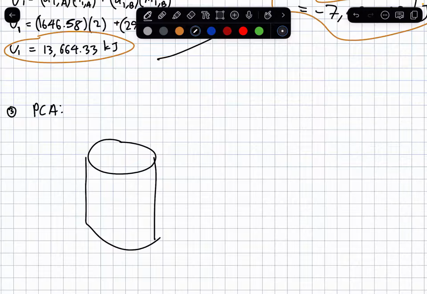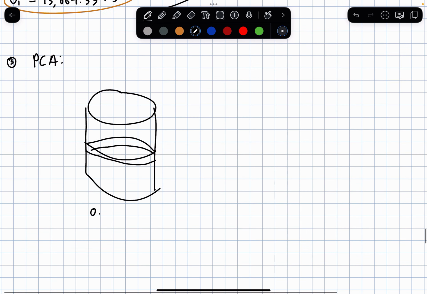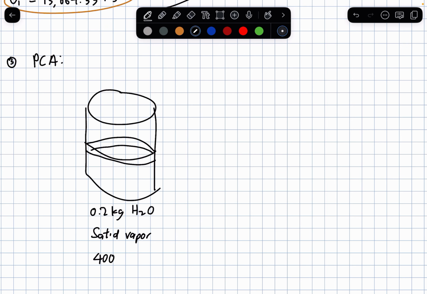I don't know. The figure looks very complicated. I'm not sure if this figure will be enough, but this is it. Piston cylinder assembly contains 0.2 kilograms water as saturated vapor. We're given the information on its state or phase at 400 kPa.